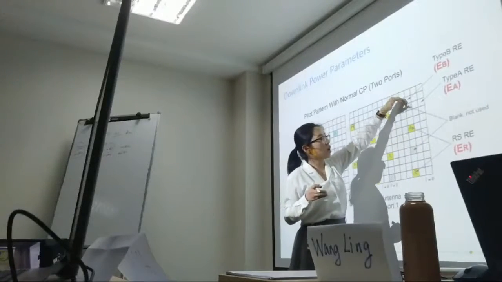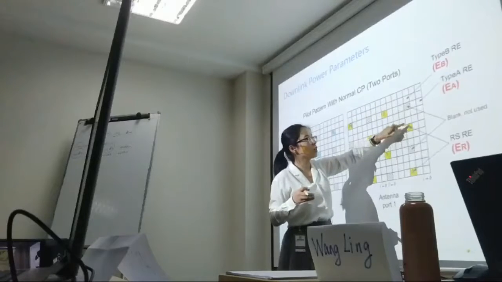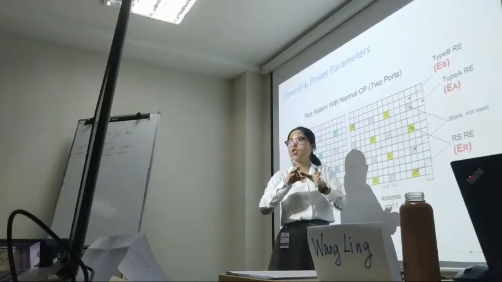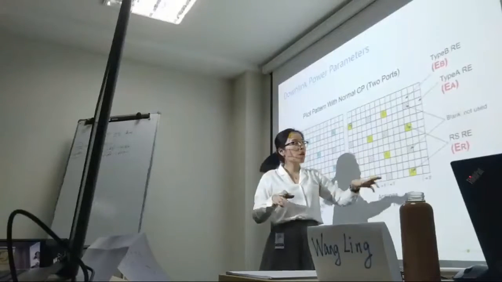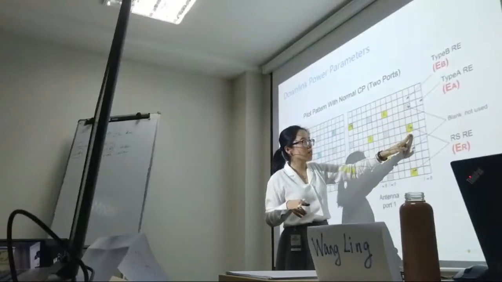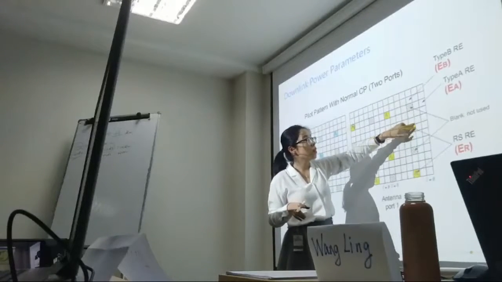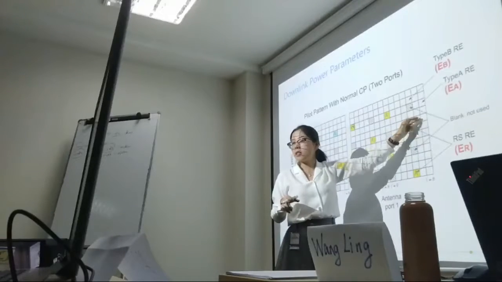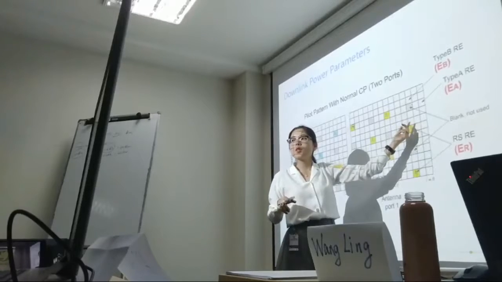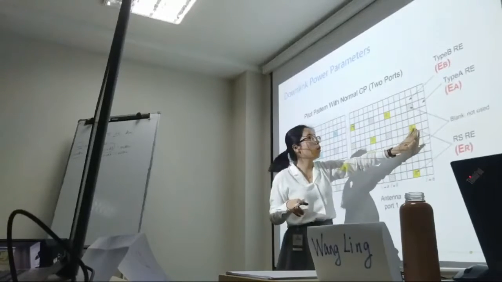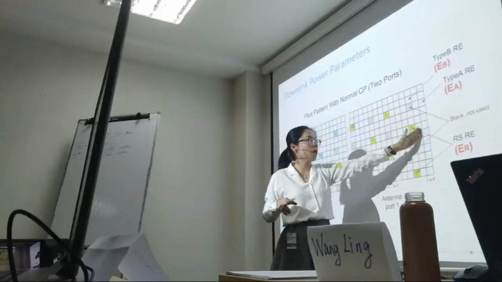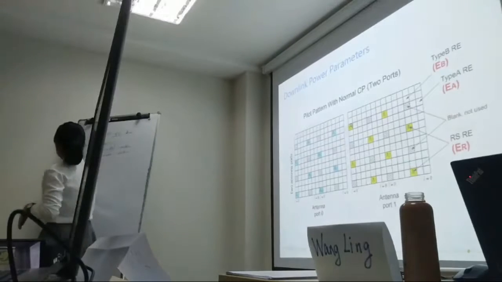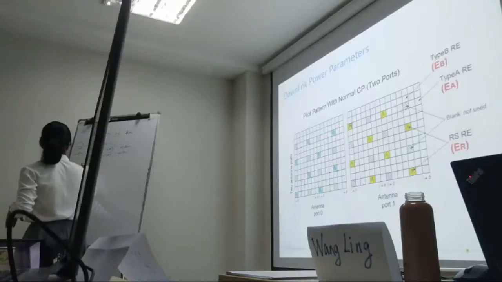But because the whole symbol may contain both the RS and the normal RE, we should define different types of symbol. One kind of symbol contains both the RS and the normal RE. Another kind only contains the normal RE. These two symbols are different, right? So we define them.